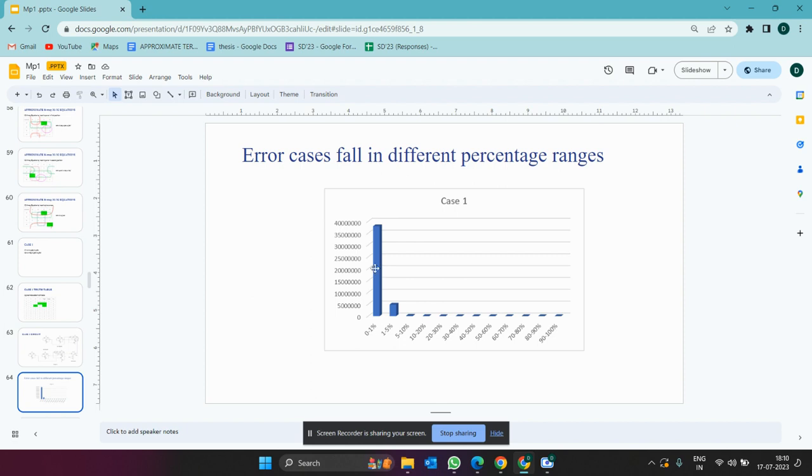We have got 6730 cases, so multiplying 6730, this is the total number of cases. Most of the cases, most of the errors, fall under 0 to 1%.